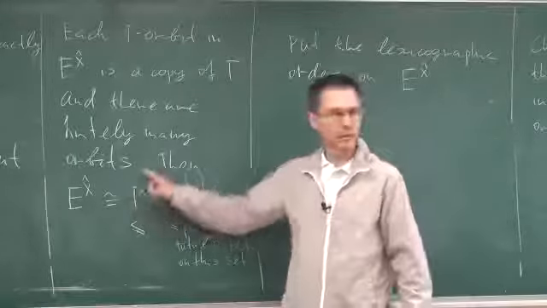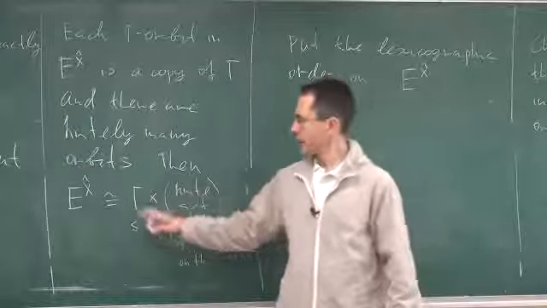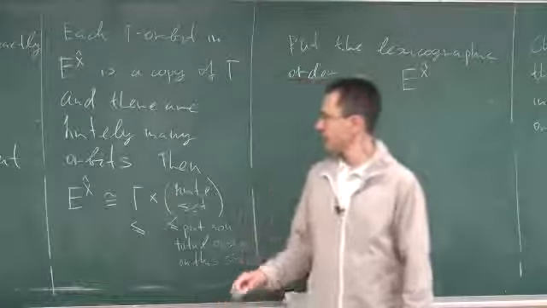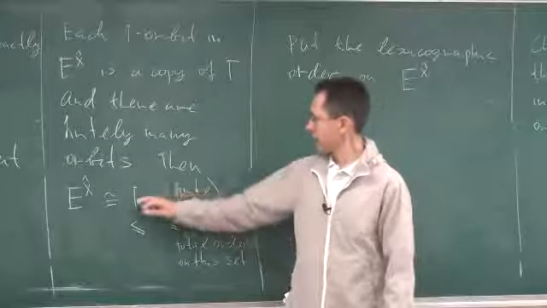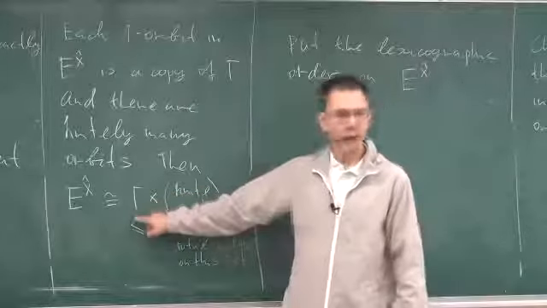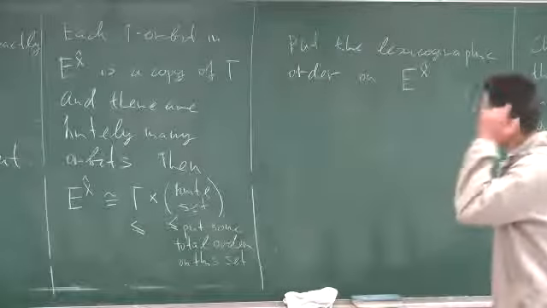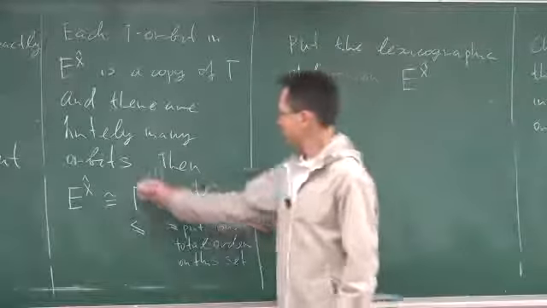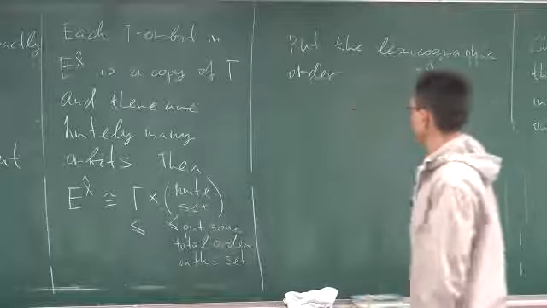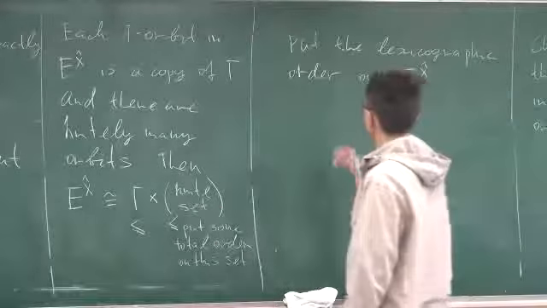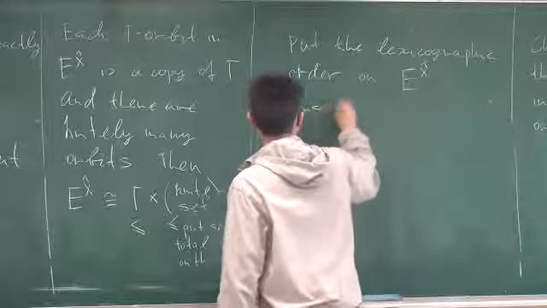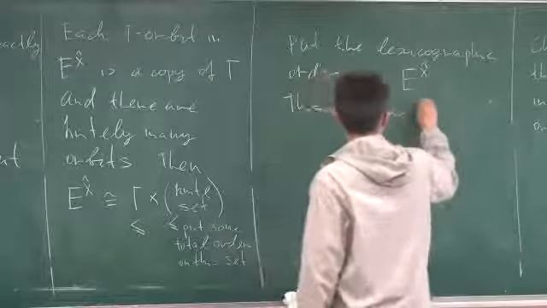It's just the action on the left. This action on the whole set is equivalent to acting on the set of pairs just by acting on the first component. So there is a gamma action on this, and one can check that this order is gamma invariant.